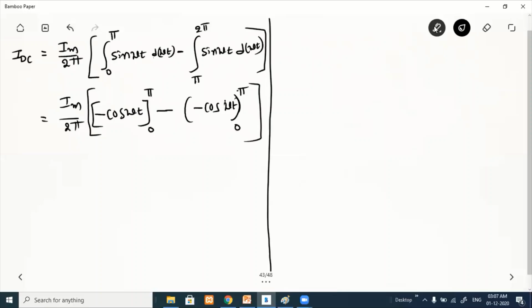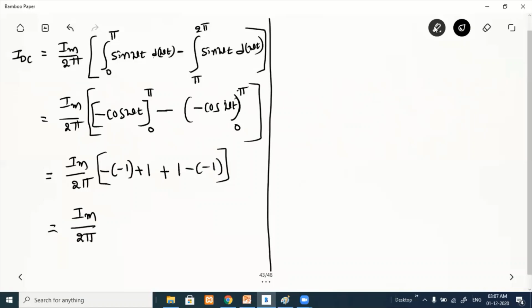Then apply the limits. Im by 2 pi into minus cos pi minus cos 0, which is equal to minus of minus 1 plus 1. Then minus into minus is plus, 1 minus of minus 1. Then Im by 2 pi into 4.